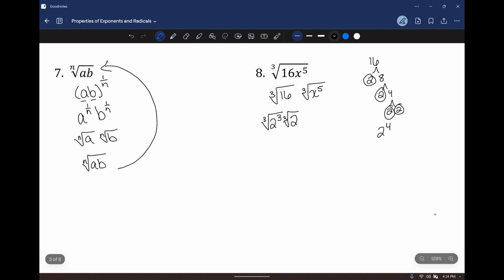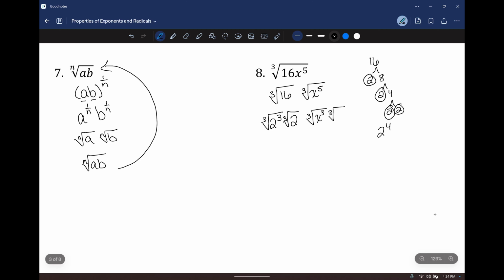All right, I have 5 x's, so I need to split that into 2 terms. How many of those 5 x's will make a perfect cube? So I'm going to go down through the line. Will x to the 4th be a perfect cube? No. So I go x to the 3rd.